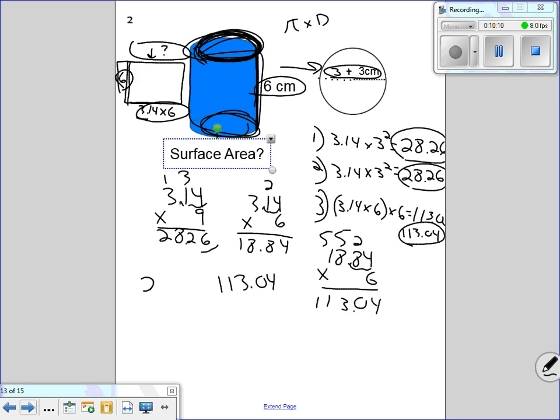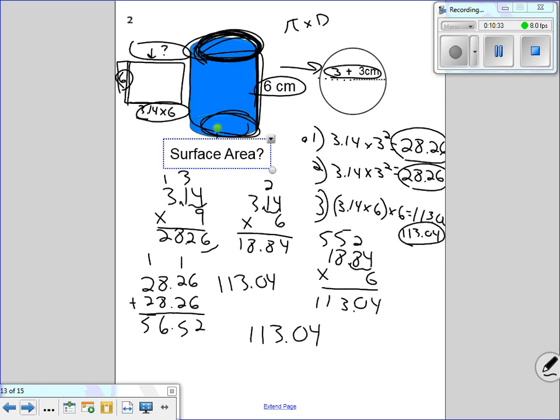Yes, I know. First of all, I'm going to add 28.26 plus 28.26. Let's add the first two together. 6 plus 6 is 12. 2 plus 2 is 4, plus 1 is 5. 8 plus 8 is 16. 1 plus 2 is 3, plus 2 is 5. I'm going to add that to 113.04.